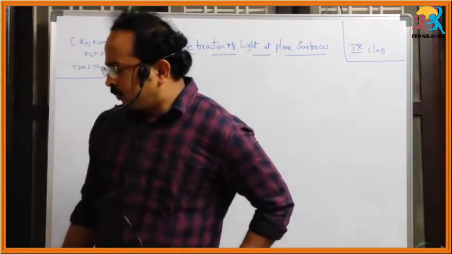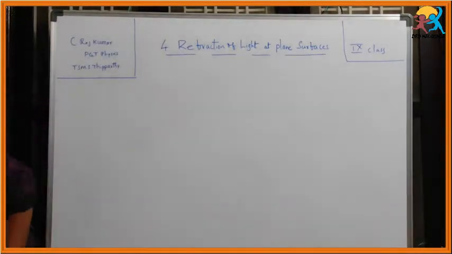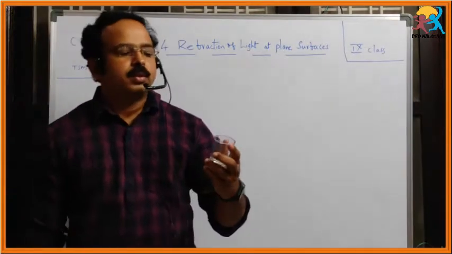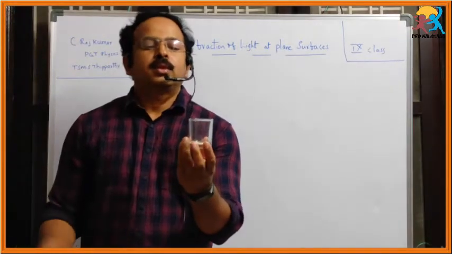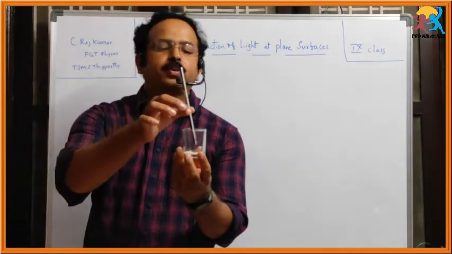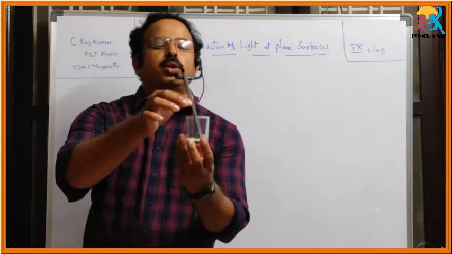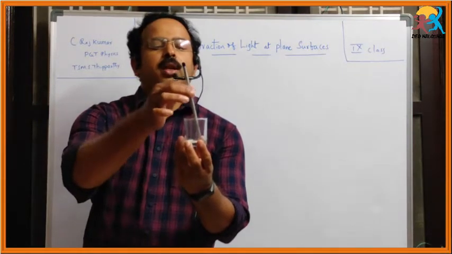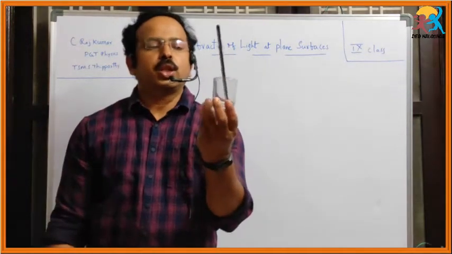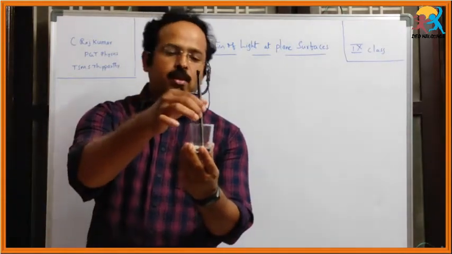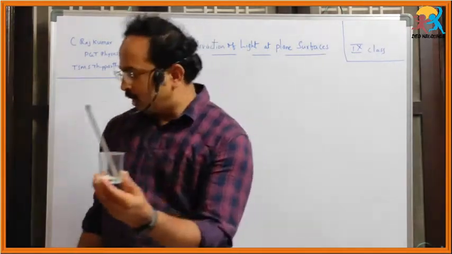See, for example, here this is a glass, and I am keeping a pencil here. When you look through the glass, the pencil remains as it is. There is no change in the shape of the pencil. Am I right?